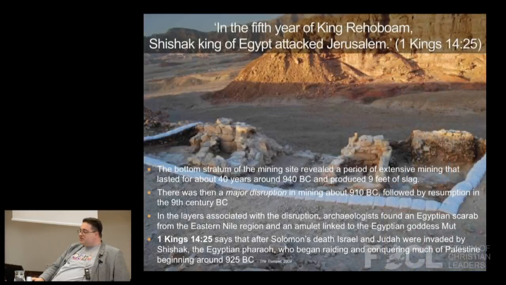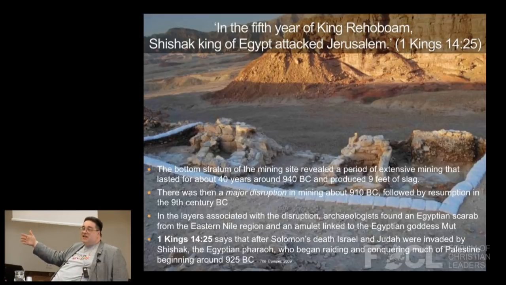We note in 1 Kings, in the 5th year of King Rehoboam, Shishak, king of Egypt, attacked Jerusalem. And indeed, in the bottom stratum of this mining site, it reveals there was a period of mining that lasted about 40 years, and then there was a major disruption in the mining operation, followed by a resumption of the mining operation.